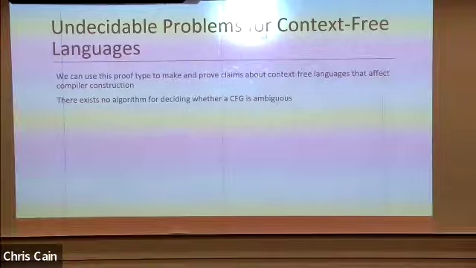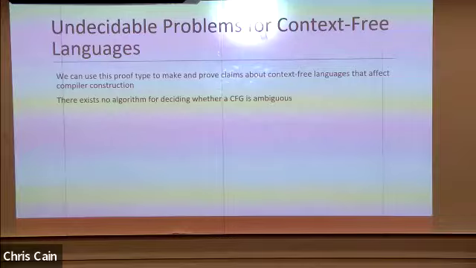So imagine we have a context-free grammar, and the question is, is it ambiguous? We can answer yes to that question by producing two such parse trees and an associated string, and saying both of these parse trees generate this string as derivations from this grammar, therefore it is ambiguous.